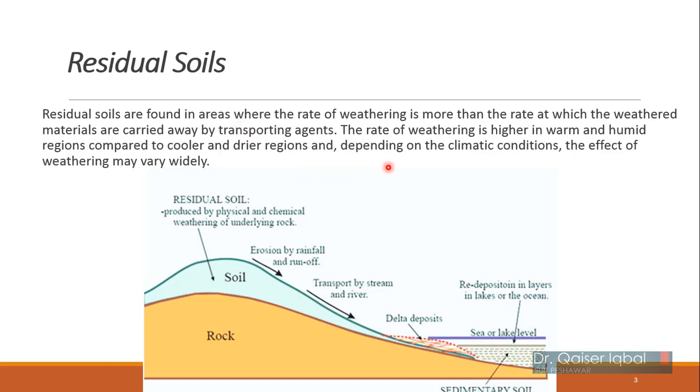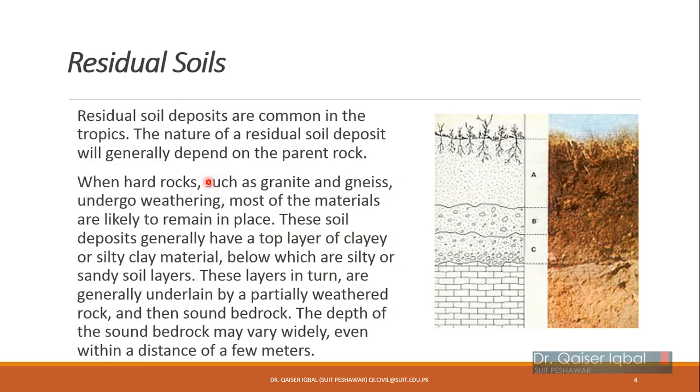Depending on the climatic condition, the effect of weathering may vary widely in different regions, but in warm and humid areas you will see more residual soil than transported soils. Residual soil deposits are common in the tropics. Tropical regions have high humidity and high temperature. This is also known as tropical weather.